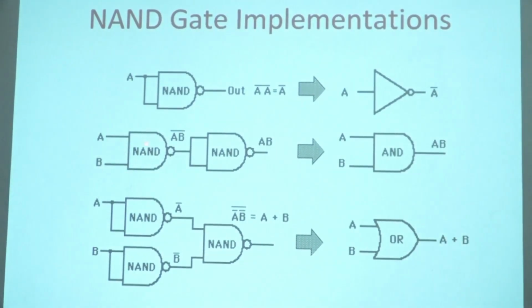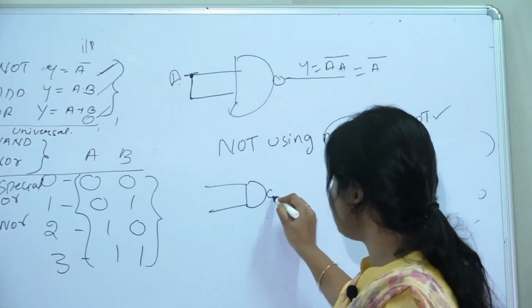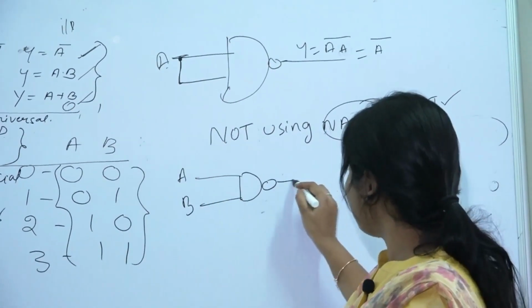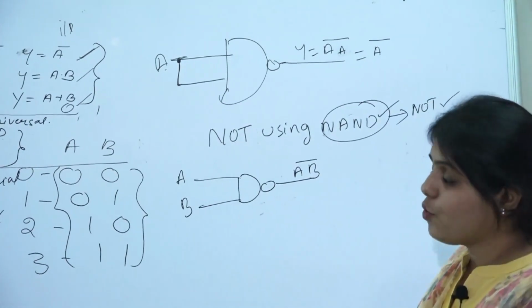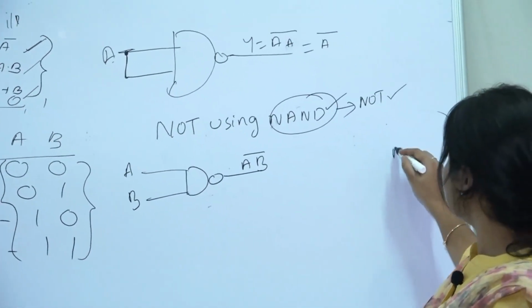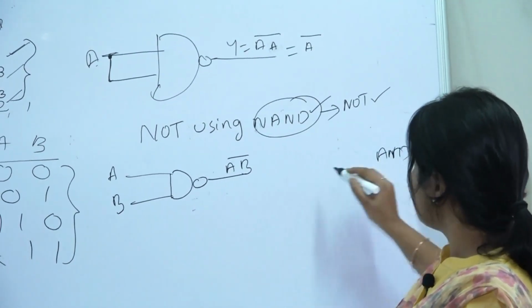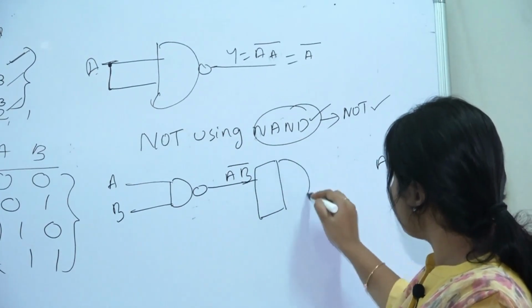As you can see, I have taken 2 NAND gates. When you look into this circuit, first I take one NAND gate and give 2 inputs A and B, and the output of this circuit will be (AB) bar. Now I want to design an AND gate from the NAND gate. So I short the inputs and give this to another NAND gate.